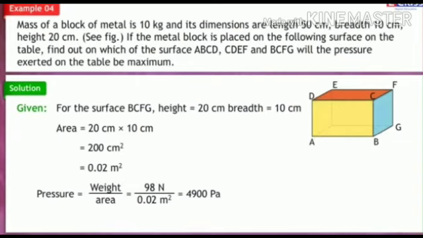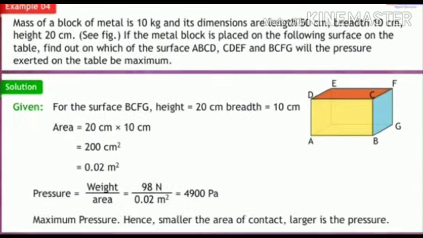Now multiply by 100 in the numerator and denominator. You will get 9800 upon 2. After calculation, we will get 4900 Pascal. Here students, maximum pressure is on this surface, hence smaller the area of contact, larger is the pressure.